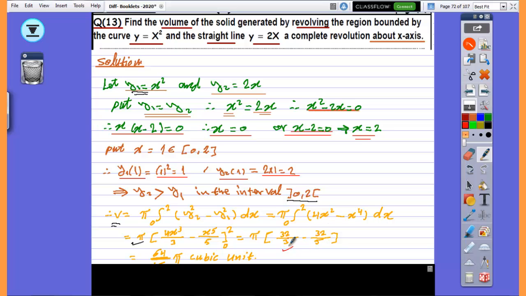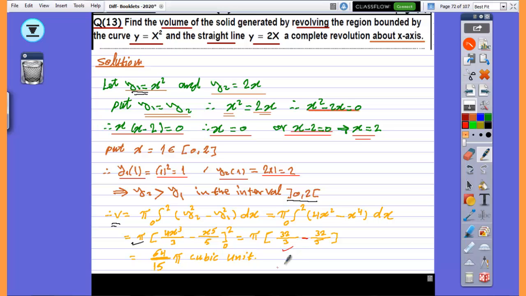Now we have 32 over 3 minus 32 over 5, multiply pi. 32 over 3 minus 32 over 5 equals 62 over 15 pi cubic unit, and this is the volume of the region bounded by x square and the straight line 2x.